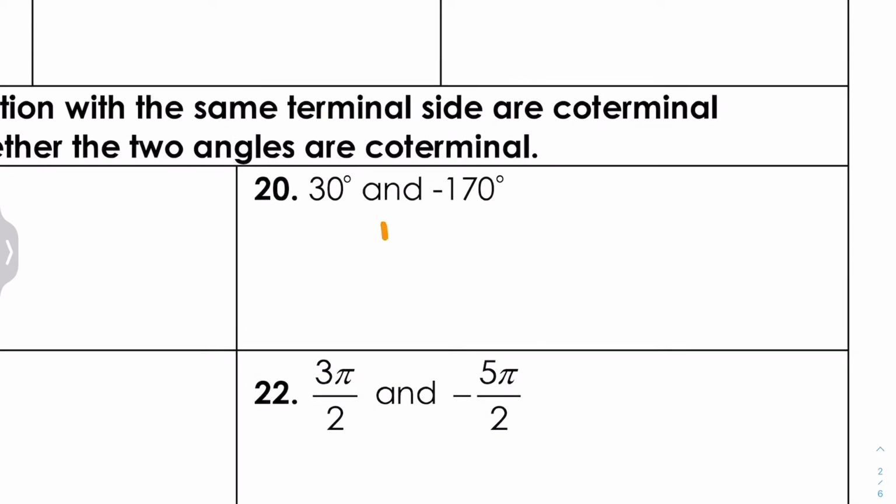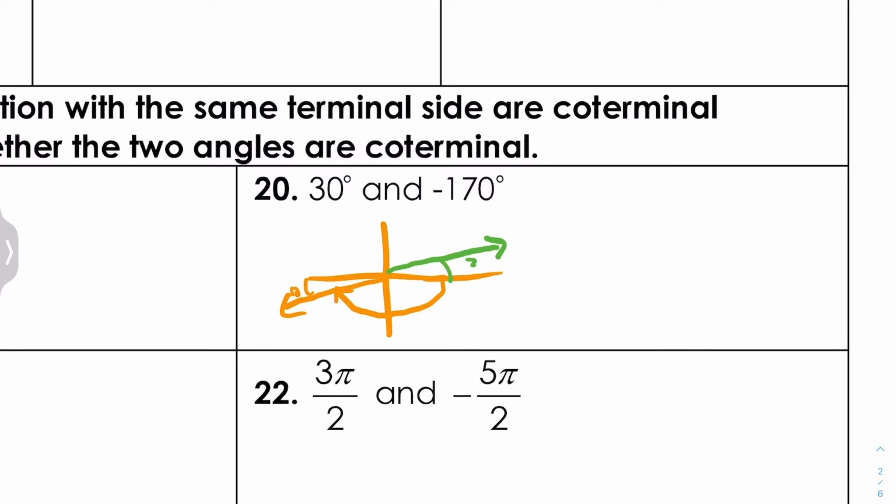Let's try this one. Negative 170 degrees would be going in the negative direction almost 180 degrees, but not quite. There would be a 10 degree space between this ray and negative 180. 30 degrees is in the positive direction up here, 1/3 of the way to the 90 degrees.